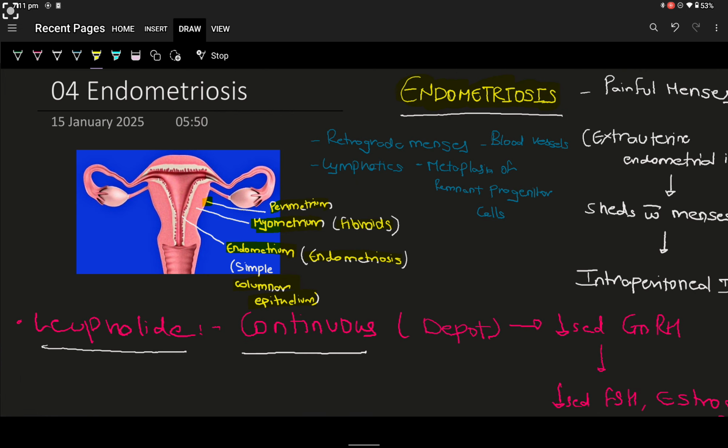The usual presentation of endometriosis would be a premenopausal woman who comes to the clinic with the diagnosis of endometriosis.